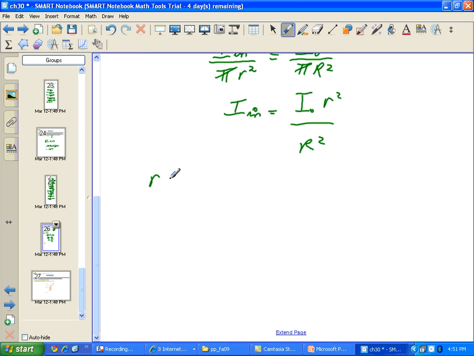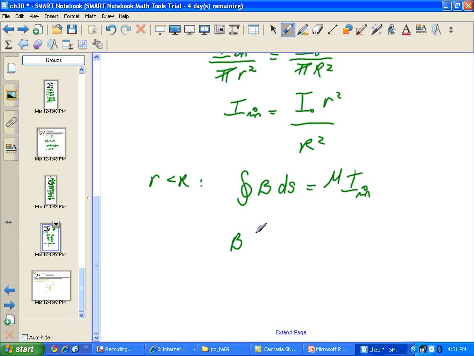Well, now we're prepared to go ahead and calculate, using Ampere's law, B dot ds. Well, B and ds are parallel, so we have just the product B ds equals mu naught I_in, the current inside the Amperian loop.